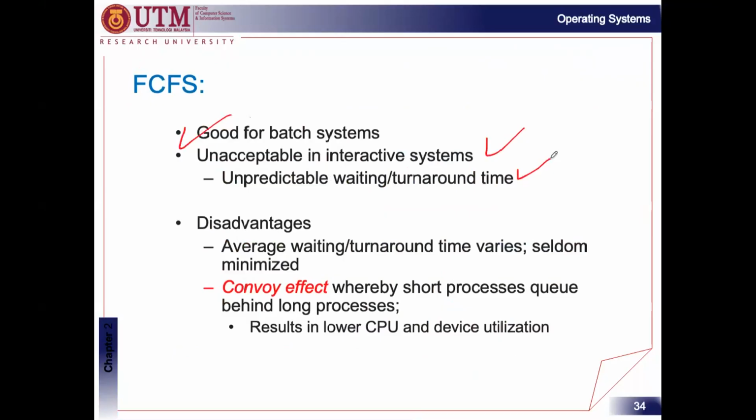Not all is suitable for all conditions. The average waiting and turnaround time varies and is seldom minimized. Convoy effect, whereby short processes queue behind a long process, results in lower CPU and device utilization.